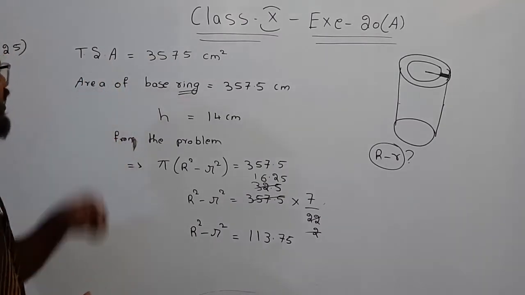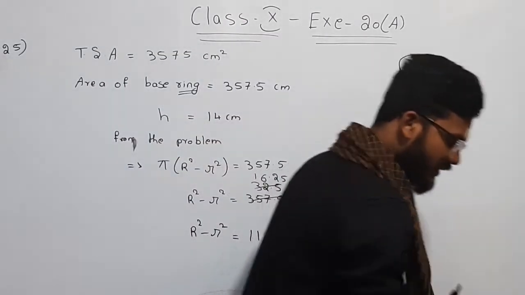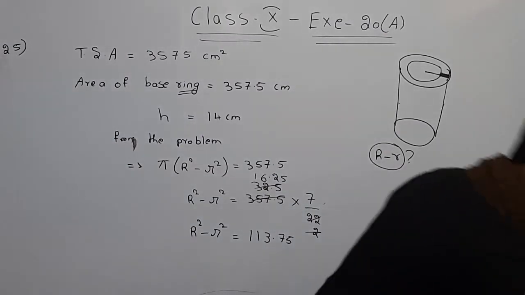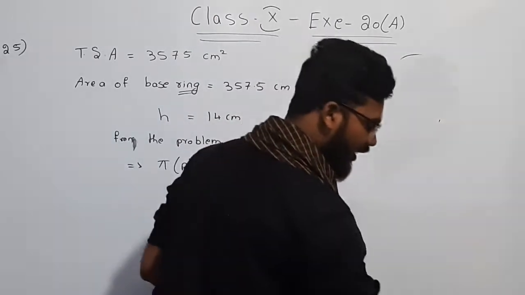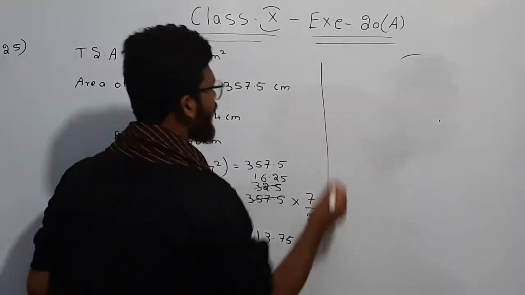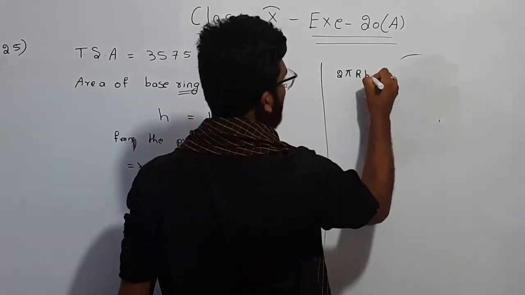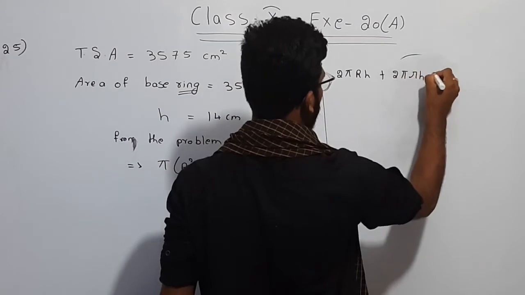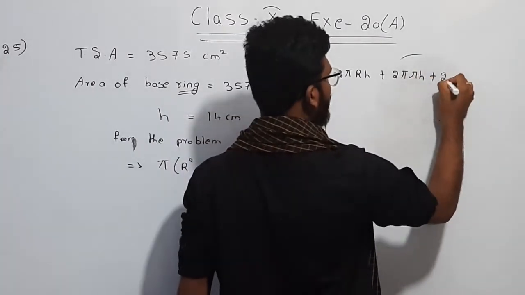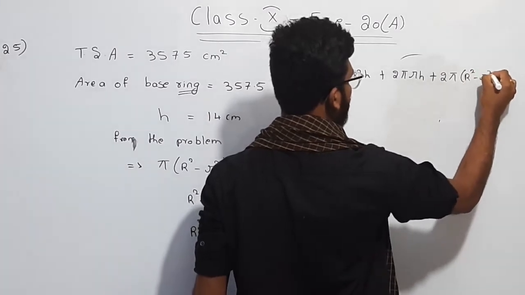Next, total surface area. If we consider total surface area, how much they give? Total surface area, we know the formula for total surface area. What it is? Outer curved surface area plus inner curved surface area plus 2 times the area of base. That means area of top plus base, right? Pi into R square minus r square.